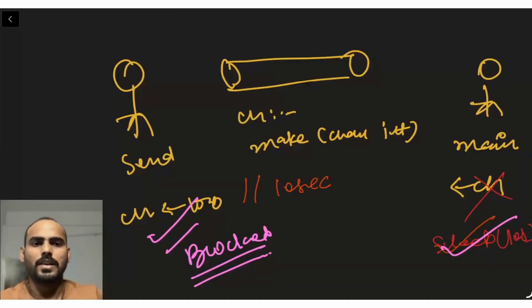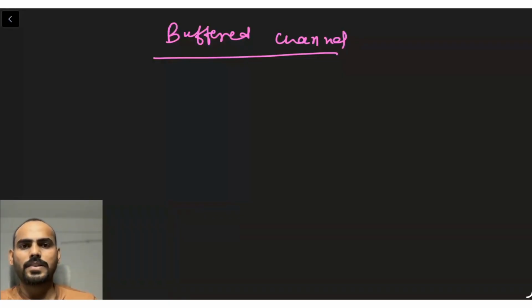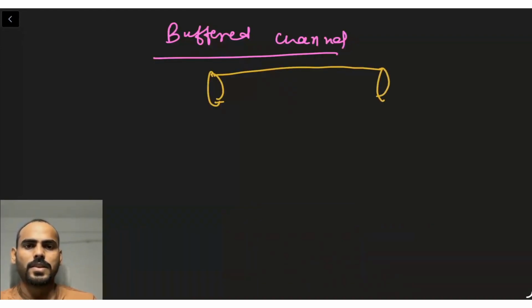Okay, so let us move to the buffered channel. In case of buffered channel, the channel also has a buffer, which basically means a queue. So if this is the channel, then this channel also has a buffer associated with it. Okay, and how do we create this buffered channel?